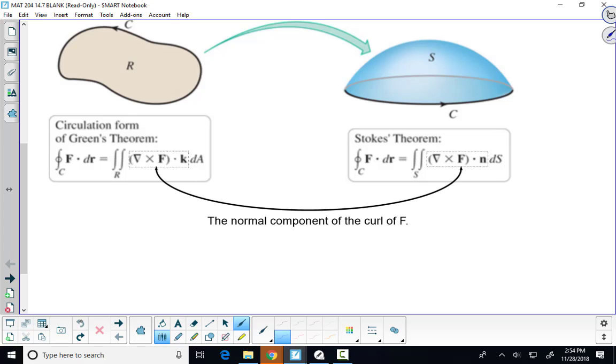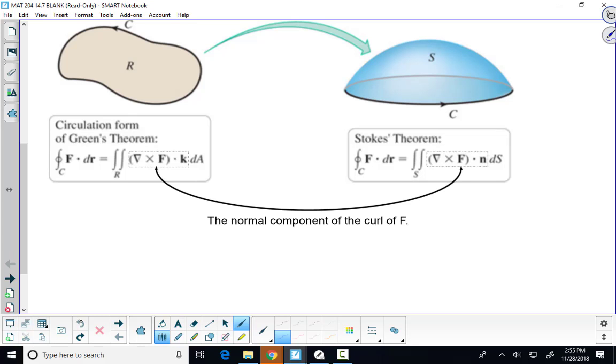The normal component of the curl is the part of the curl vector field that gives you the spin. If you spin off angle, it's only the normal component of that spin that's going to give you rotation. So this is taking the normal component of the curl and integrating it over the surface. The normal component of the curl throughout the whole surface generates rotation along the boundary.